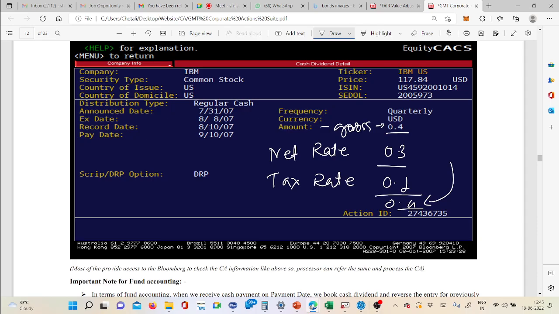So you can open and validate that with your system, because security details will be set up in the system. But you need to verify that with the report that you have received, especially because we consider the dividend by ex date. The dividend report, right? Yeah, dividend report, due report.